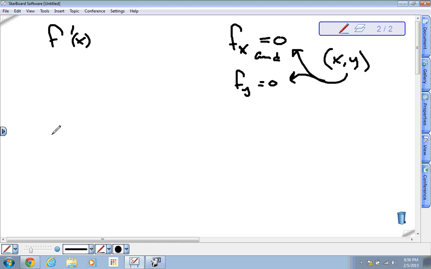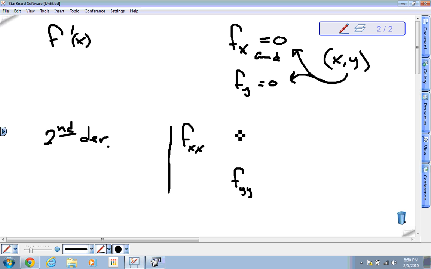Now, in 3 dimensions like this, we only use what's called the second derivative test. It's the only real easy, nice way to do it. In the second derivative test, it goes down like this. You're making a determinant, and in the determinant, you're going to have these fellas.